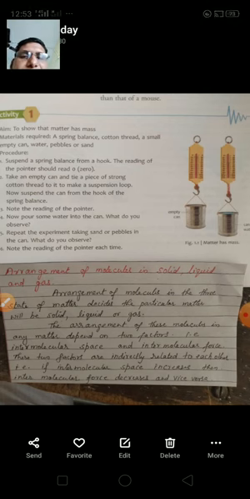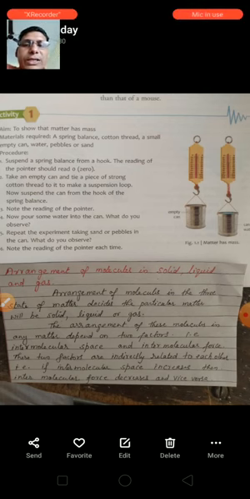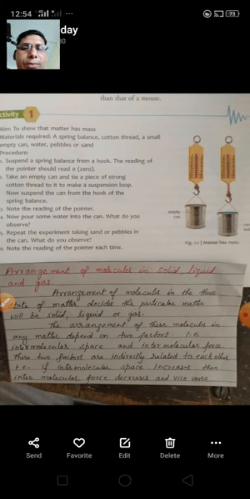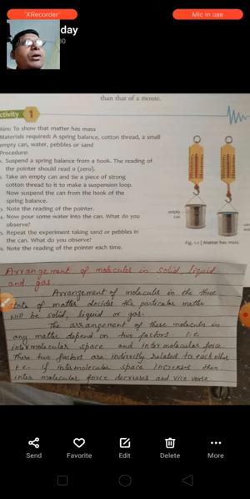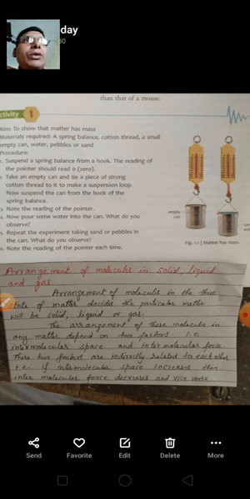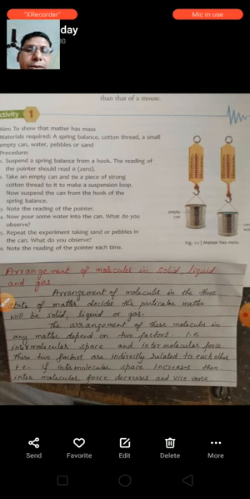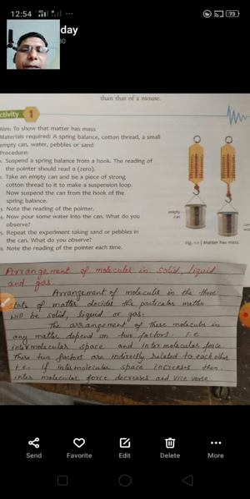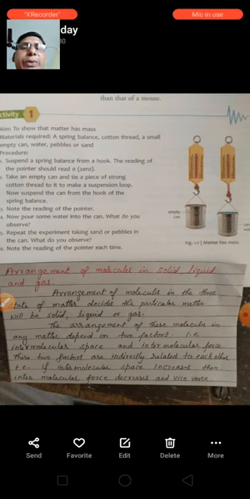The arrangement of molecules in these 3 states of matter decides whether a particular matter will be solid, liquid or gas. This all depends on the arrangement of molecules. The arrangement of these molecules in any matter depends on 2 factors, that is intermolecular space and intermolecular force.